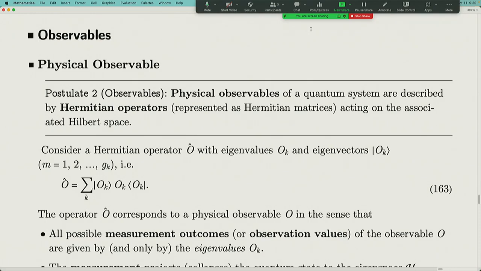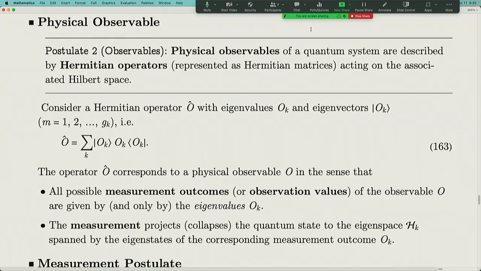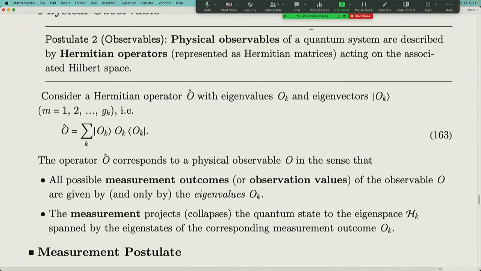So any physical observable of a quantum system is described by a Hermitian operator, very importantly Hermitian, represented as Hermitian matrices acting in the associated Hilbert space. So basically, in one sentence, observables are matrices in quantum mechanics, and these matrices, very importantly, are Hermitian such that their eigenvalues are real.